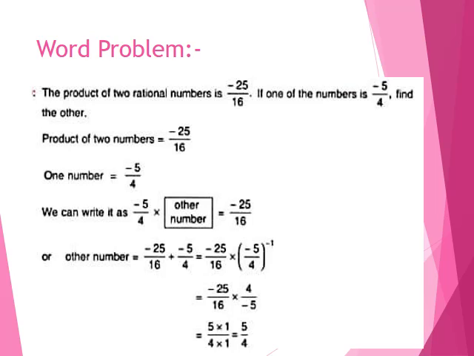See here, the numbers change places but the sign is as it is. Now if you see, 16 and 4 get cancelled, 25 and 5 get cancelled, and the negative signs also get cancelled. So your answer is 5 by 4. So write 5 by 4 is the other number. In this simple way you can divide two rational numbers.